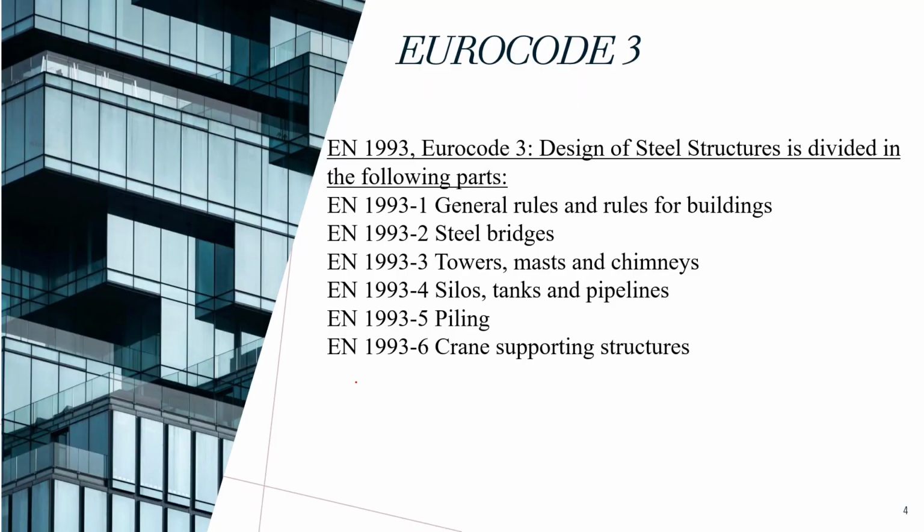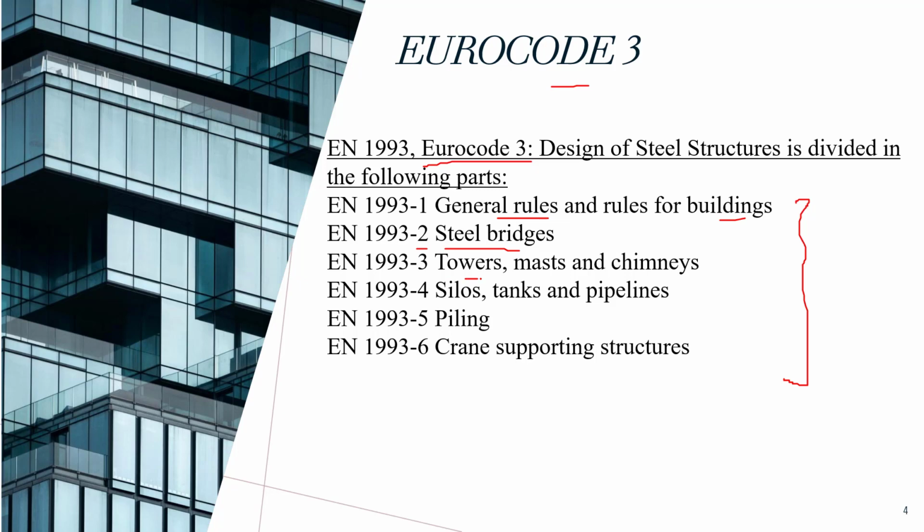Let's focus on EC3, our course here, the European Code 3, design of steel structures, which is divided into six parts. The first covers the general rules and rules for buildings. Then 1993 part 2 discusses bridges.